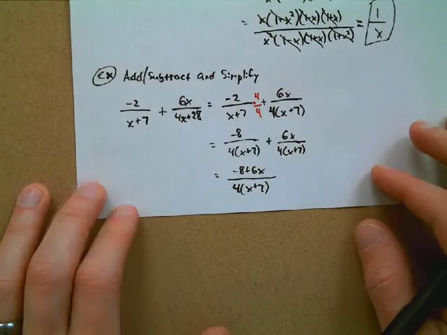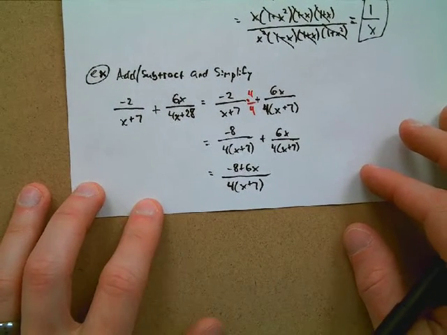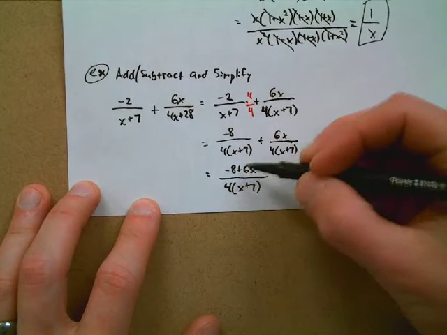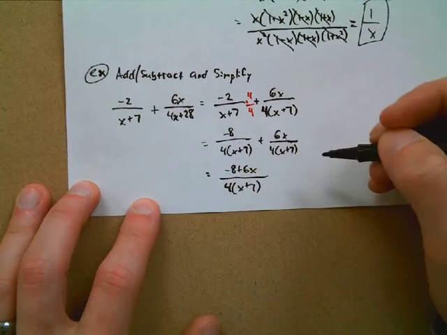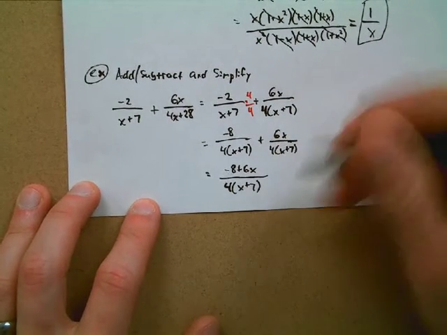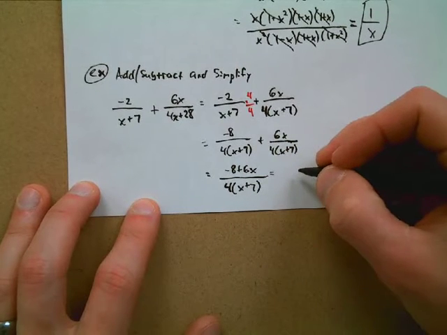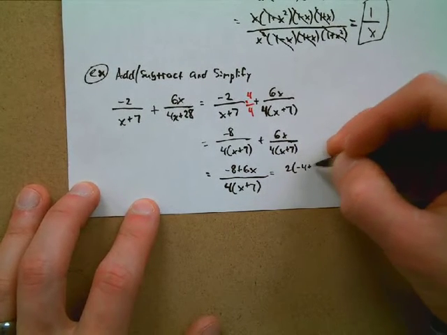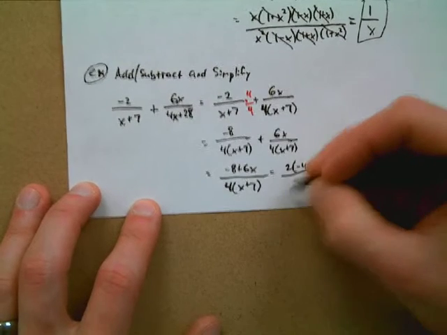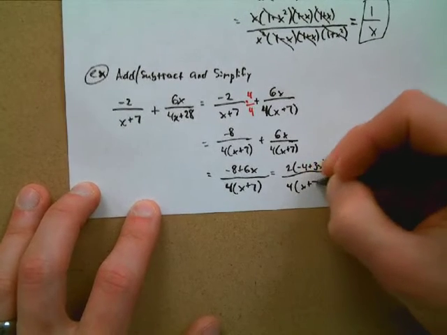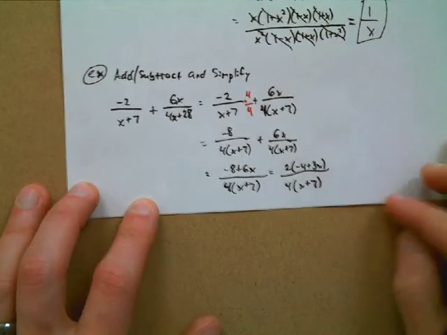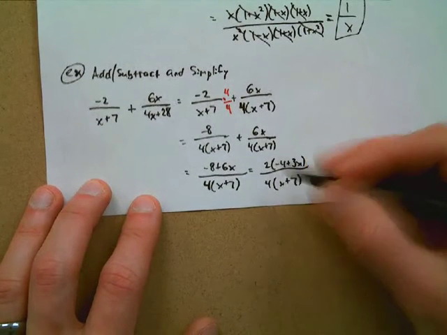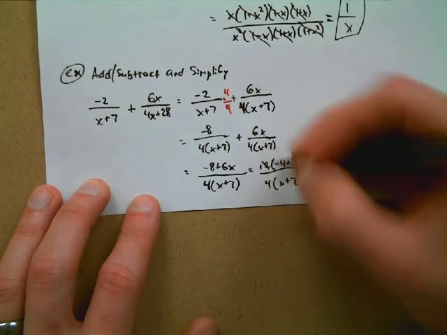It's added together. We could simplify here. I see a 4 in the denominator. And what can I take out of the numerator here that's in common? What's a GCF in the numerator? A 2. We can take a 2 out. And then the 2 and the 4 will simplify: the 2 divides by 2 to make a 1, the 4 divides by 2 to make 2.